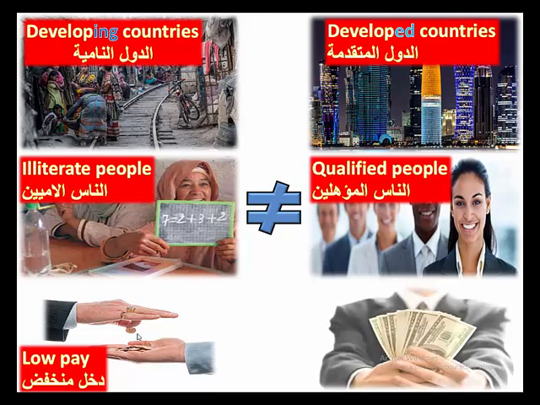On the opposite, we have high pay, which means you've got a high salary. So please remember these words. We will need them throughout the lesson. Let's repeat. Developing countries, developed countries, illiterate people, qualified people, low pay, high pay.